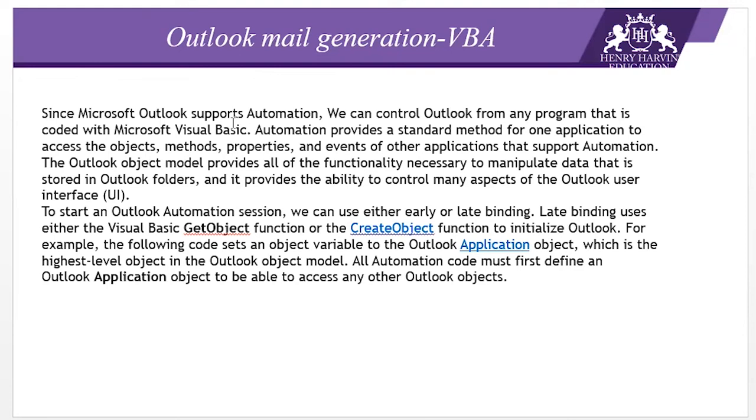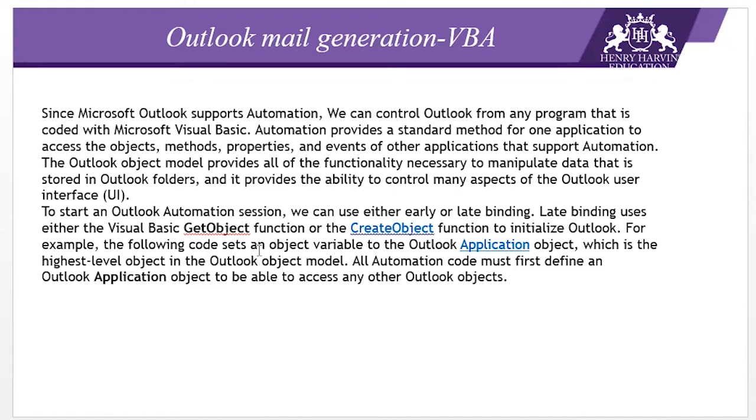Since Outlook supports automation, we can control Outlook from any program that is coded within Microsoft Visual Basic. Automation provides a standard method for one application to access the objects and events of other applications that support automation. The Outlook object model provides all of the functionality necessary to manipulate data that is stored in Outlook folders. Late binding uses either the Visual Basic GetObject function or the CreateObject function to initialize the object.